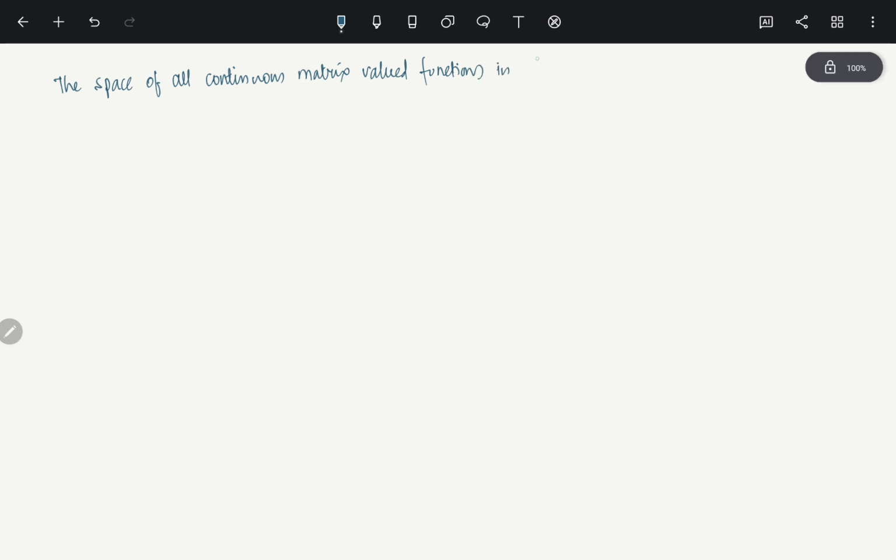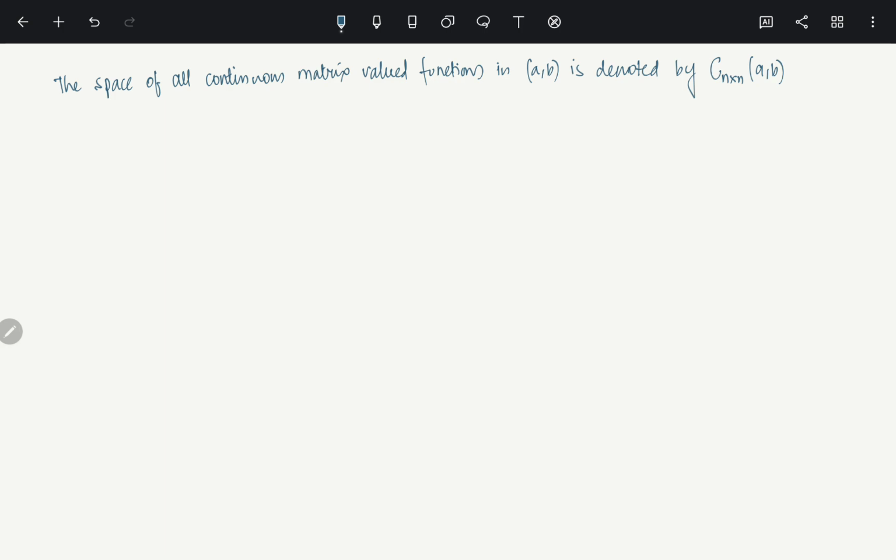In [a, b] is denoted by, so we will write it as C n cross n size matrix, okay, of [a, b], C_{n×n}[a, b]. So C_{n×n}[a, b] is the set of all continuous matrix valued functions on [a, b], right?